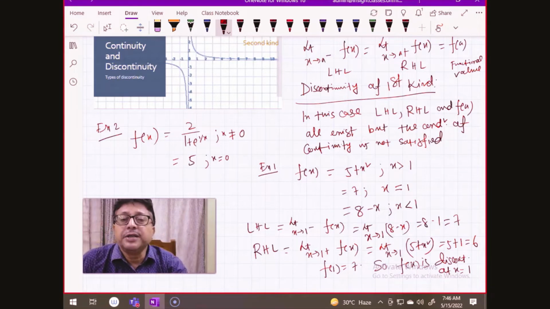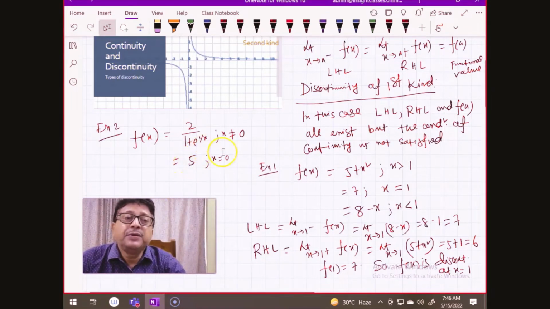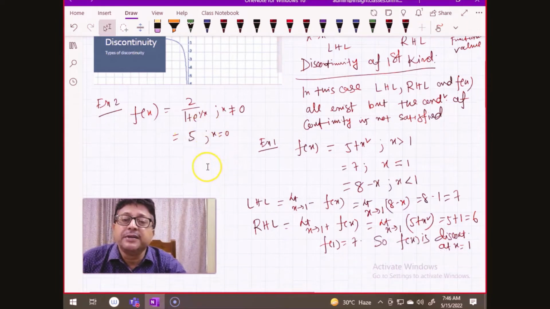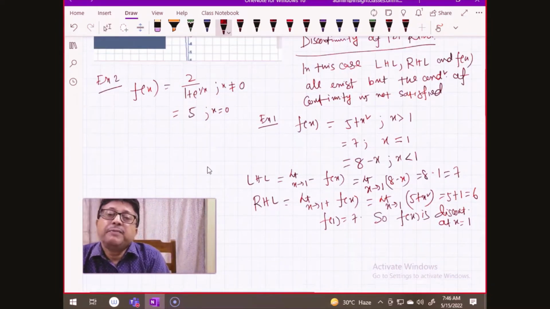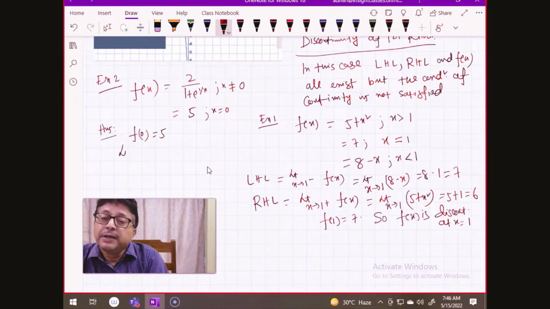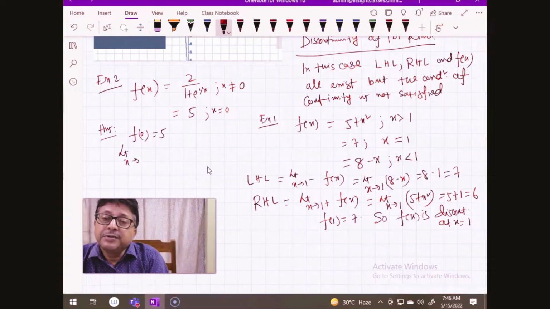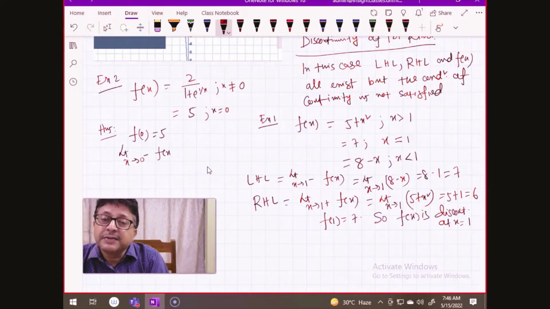How to check continuity of this function? Is it belonging to type 1 discontinuity? Let us see. We will be finding the left hand limit, the right hand limit and the functional value. Functional value is quite obvious here, f(0) is equal to 5.